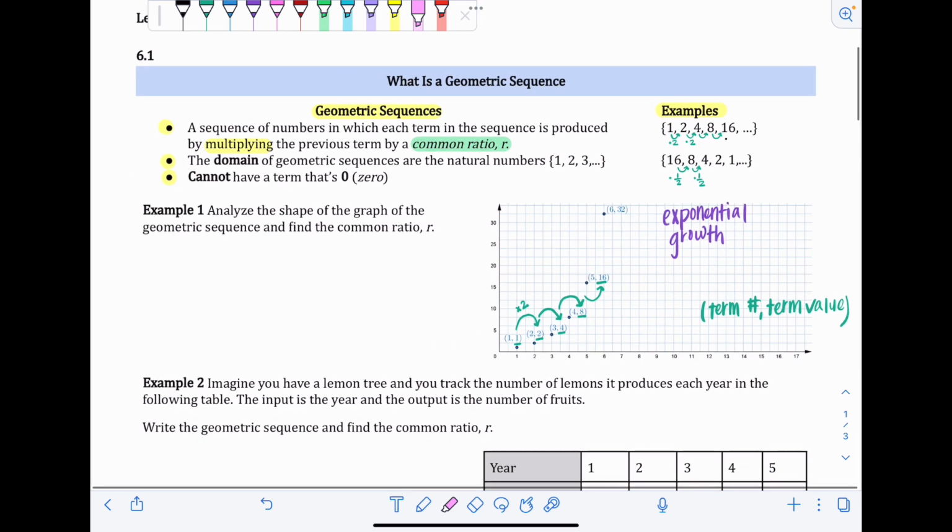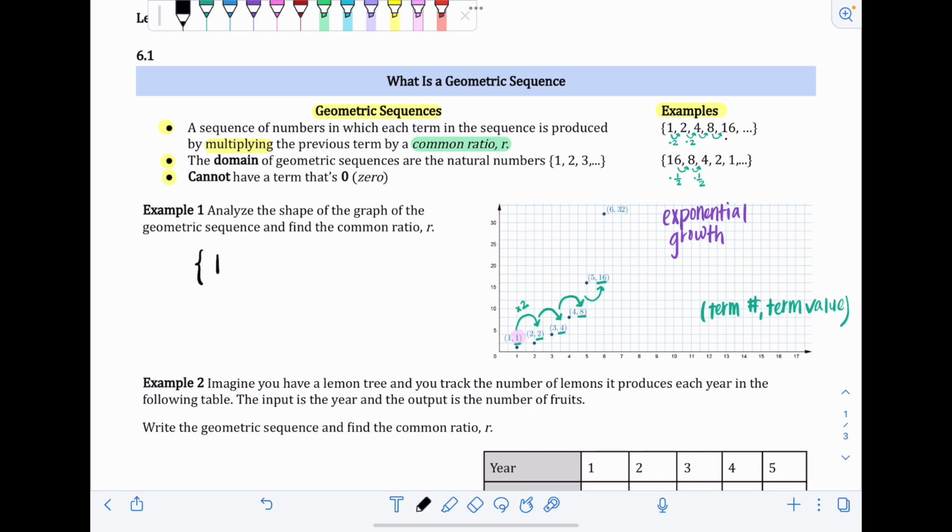If you ever have a difficult time with just the graph itself, remember that you can rewrite it as a list in brackets. We would start at the first term, which is just the y coordinate from that first point.